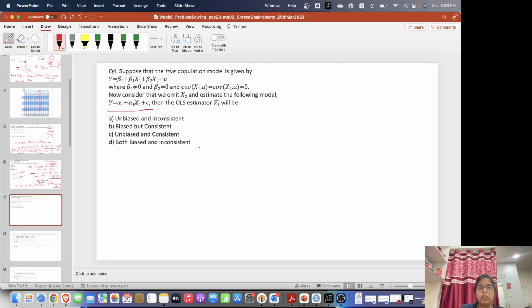So we'll first write down alpha 1 hat. Alpha 1 hat can be written as summation of y minus y bar times x1 minus x1 bar, divided by summation of x1 minus x1 bar whole square.